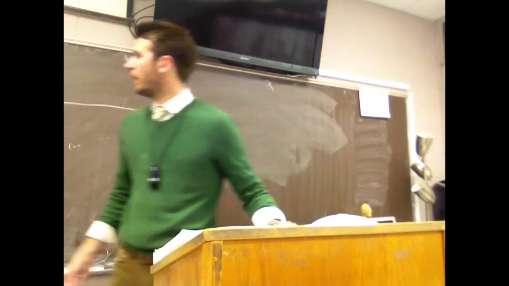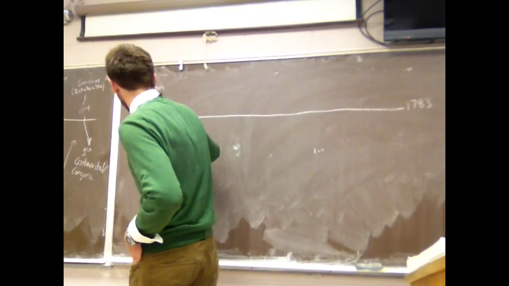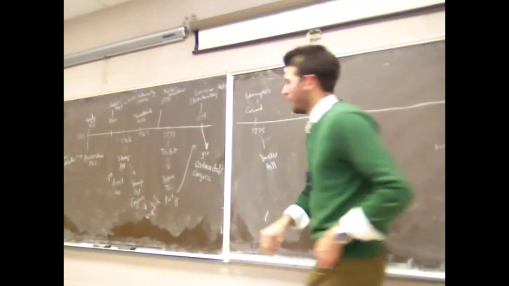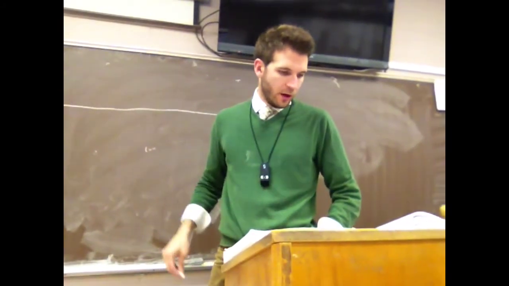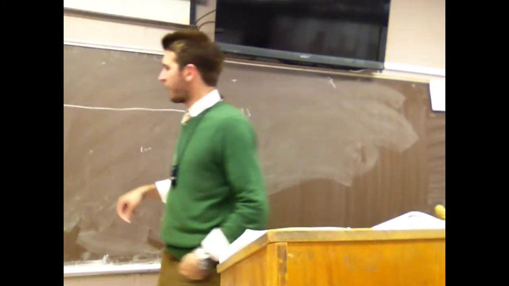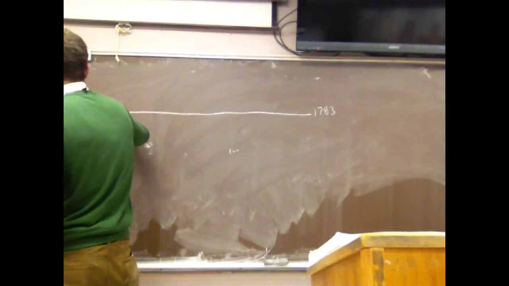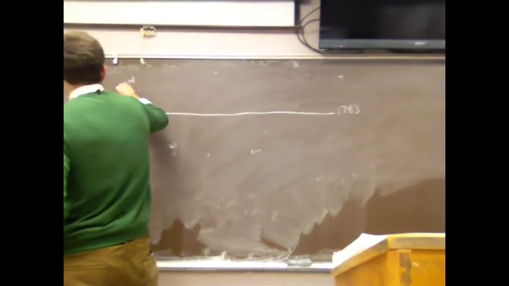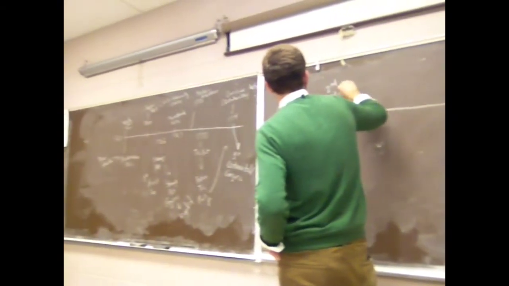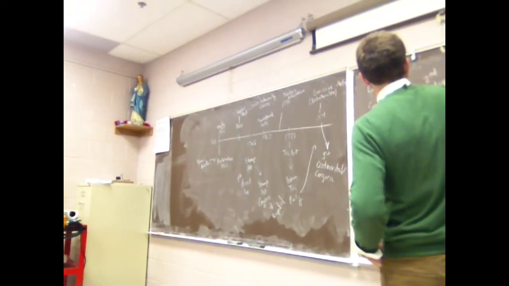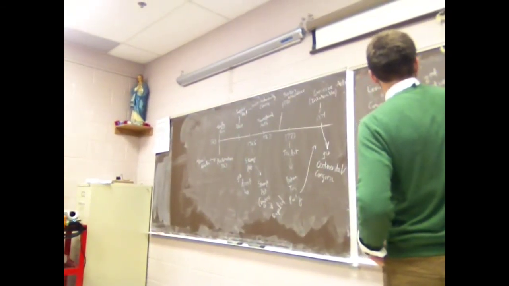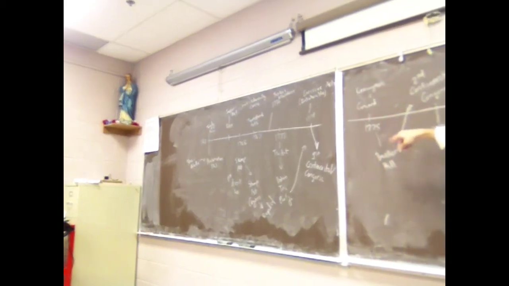Bunker Hill happens right after this. Bunker Hill is the first major battle. And once the first major battle has broken out, the Second Continental Congress is going to form. 1775. It's 1775 still, so it's all the same year.